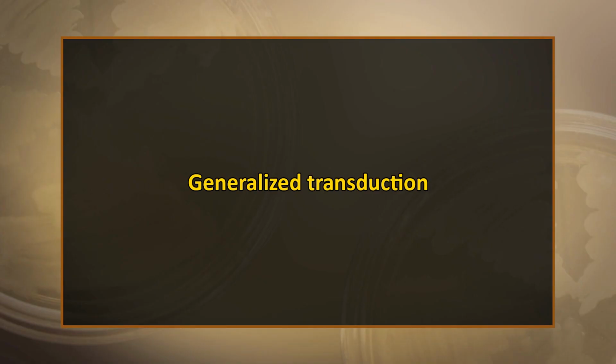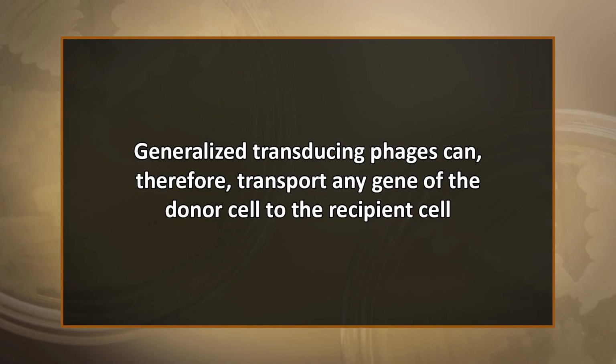Generalized transduction. In generalized transduction, a random or nearly random segment of bacterial DNA is wrapped up during phage maturation in place of or along with the phage chromosome in a few progeny particles called transducing particles. Generalized transducing phages can therefore transport any gene of the donor cell to the recipient cell.